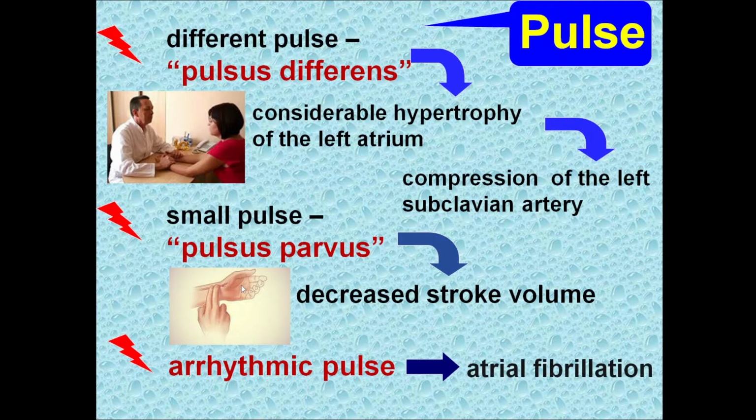If you remember, when we talked about heart arrhythmias, I said atrial fibrillation appears due to diseases which finish with 3 O's, one of which was mitral stenosis. Mitral stenosis provokes atrial fibrillation.